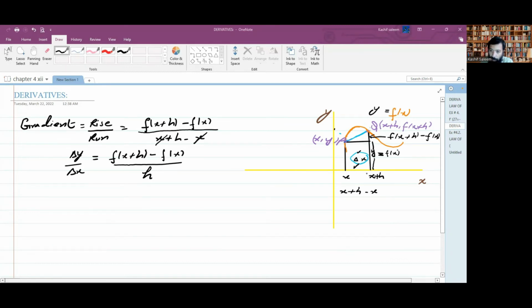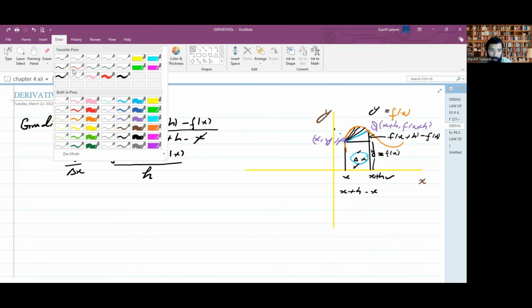If you take small values of h, point Q will move towards point P. If we take smaller values of h, it will come here, then here, then here. If you take h so small, this secant line will become a tangent to the curve at point P.